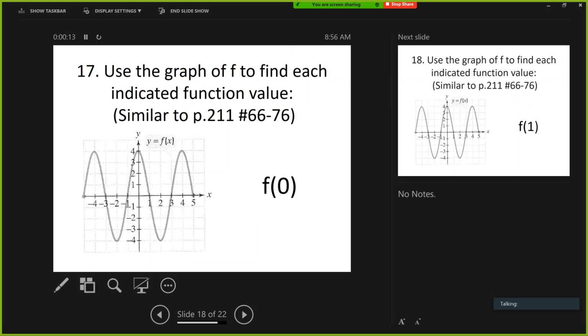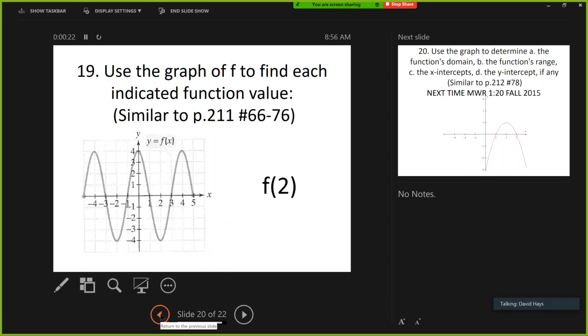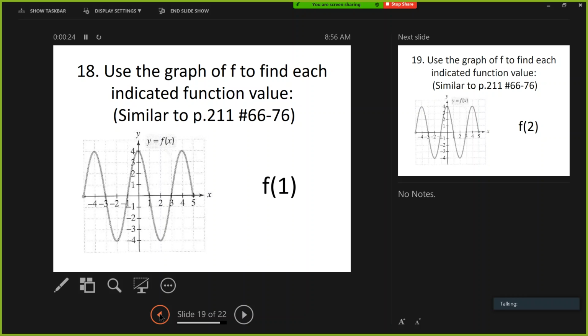Now we're trying to find out what this is equal to. That's nicer. Now it's on my screen. My pen isn't on here.